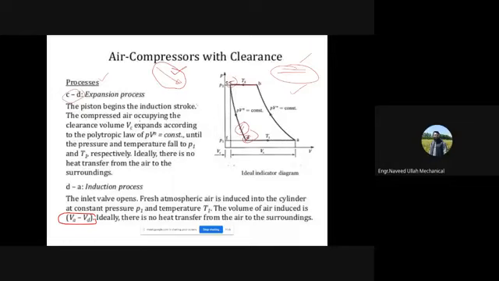The compressed air occupying the clearance volume expands according to the polytropic law PV^n equal to constant, ये पोलिट्रोपिक एक्सपेंशन है, until the pressure and temperature fall to P1 and T1. ठीक है, ये प्रेशर जो है P2 T2 है and the expansion takes place, the pressure drops to P1 and T1 respectively. Ideally there is no heat transfer from the air to the surrounding. ठीक है, ये ट्रांसफर नहीं होता. इंडक्शन प्रोसेस क्या है? इंडक्शन प्रोसेस वही है, लेकिन इसमें इंडक्शन वॉल्यूम कम हो जाएगा.